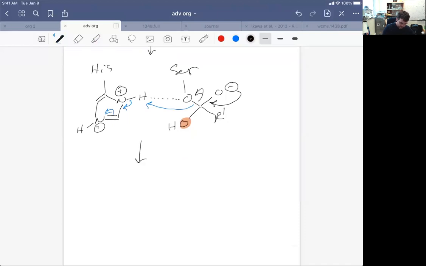So if we do that, we're going to get a histidine back to its normal side chain, plus, it's not really plus, all these things are just in close proximity to each other, plus a serine. If it grabs that hydrogen, it's an OH, and this is plus our fatty acid.